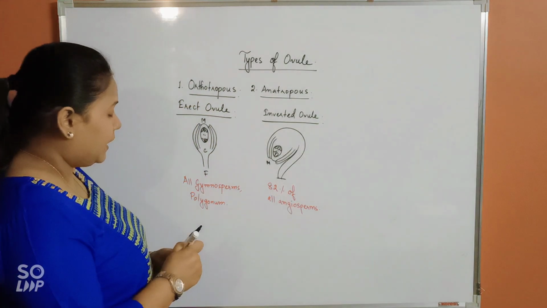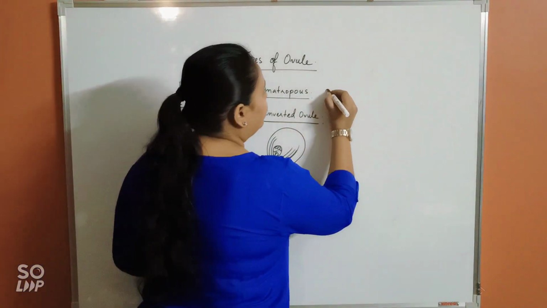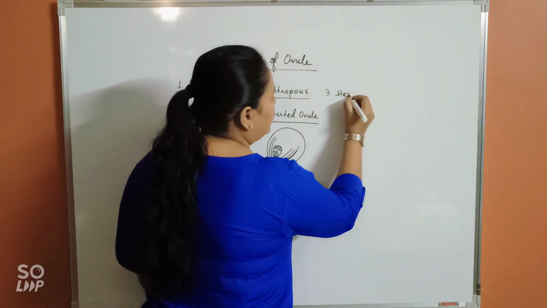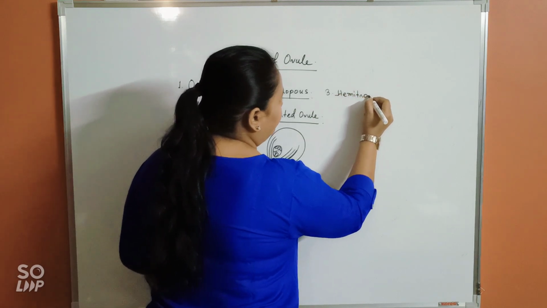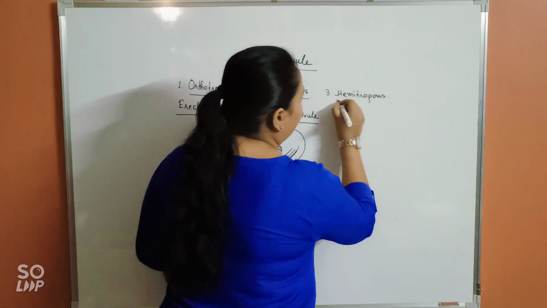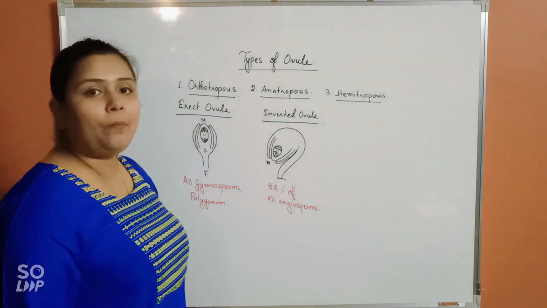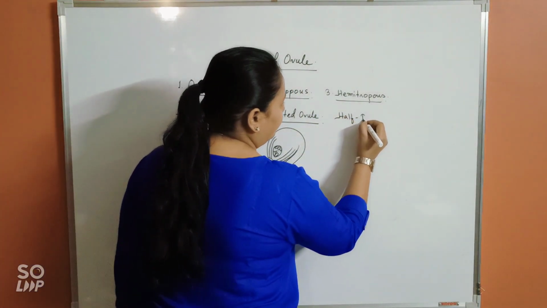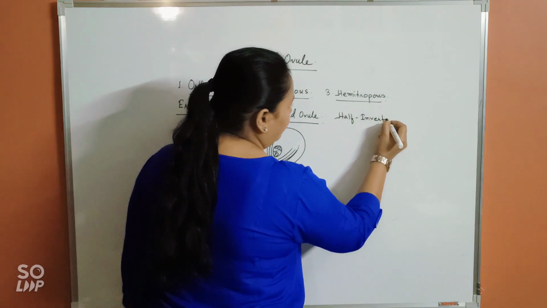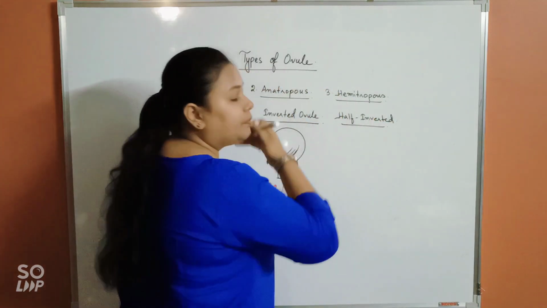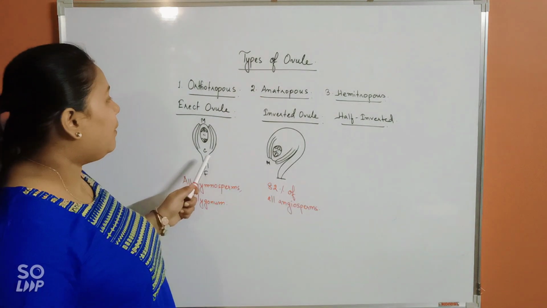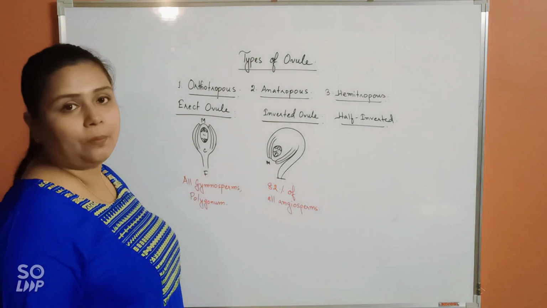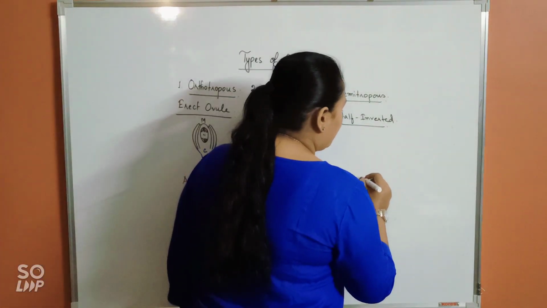Alright, then hemitropous. Hemitropous ovule means half inverted. Means it will be halfway between orthotropous and anatropous. So it would be as such.